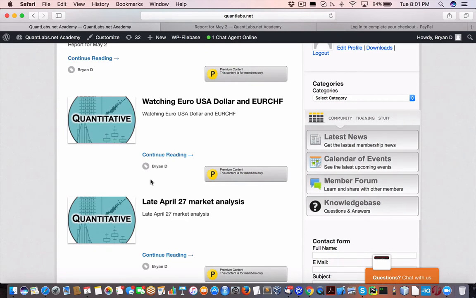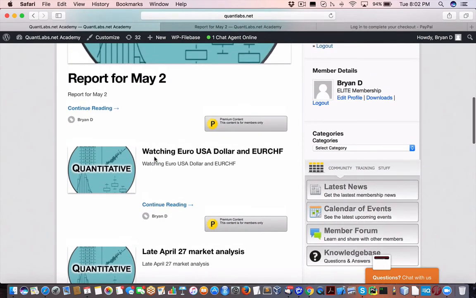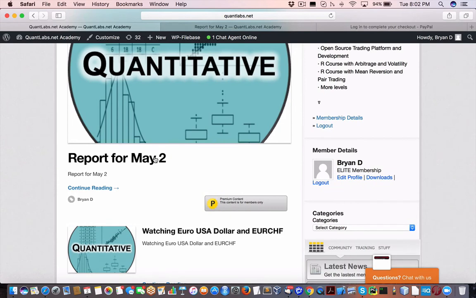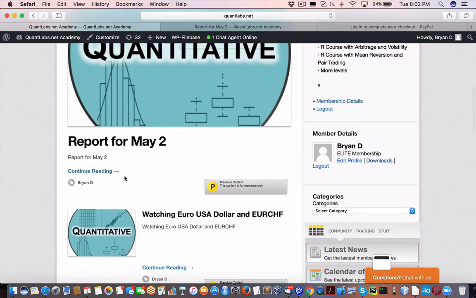And then as the automation comes to fruition, I'll be adding in more data points that I'll analyze, obviously the risk as well as the portfolio analysis.